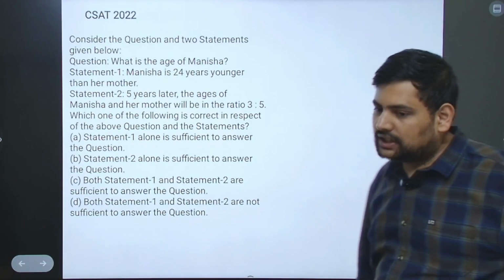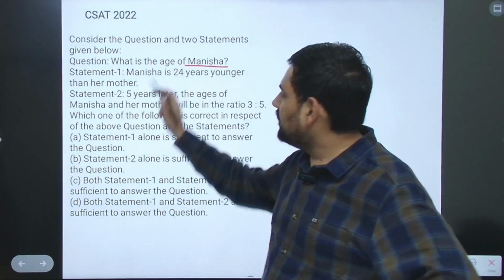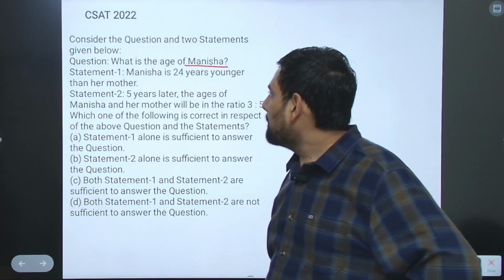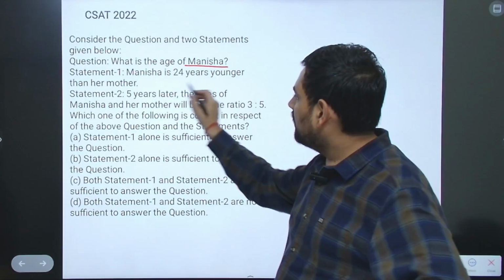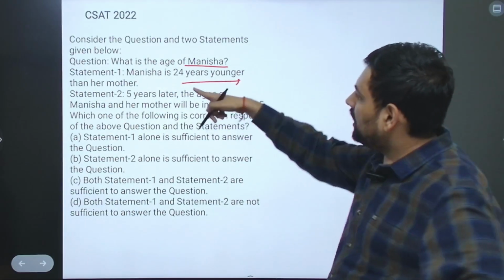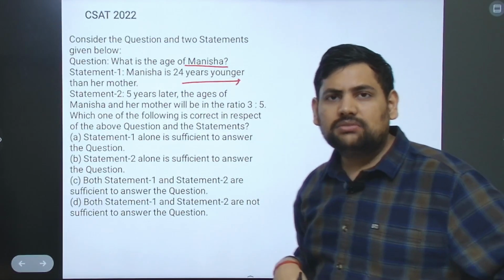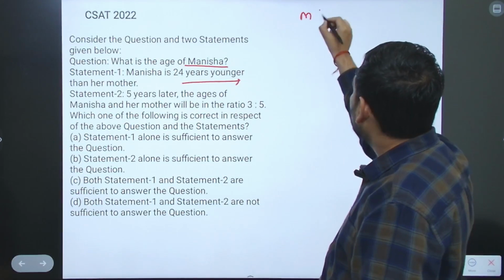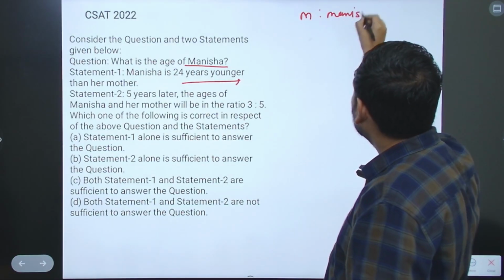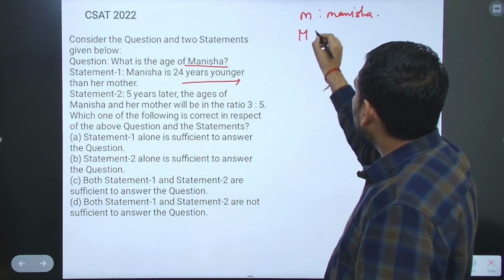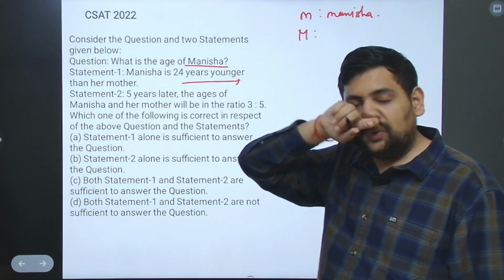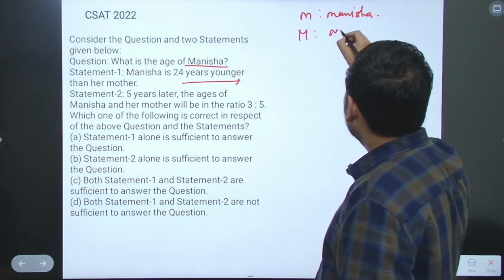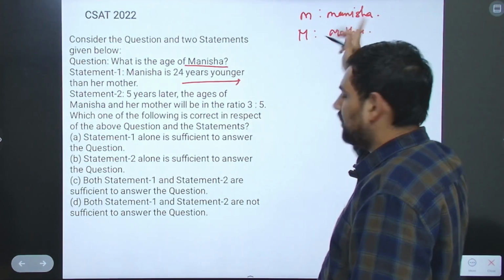Let's see this. It is asking you what is the age of Manisha. Manisha की क्या उम्र है अब. Now first statement: Manisha is 24 years younger than her mother. Because Manisha will be smaller, I'm taking Manisha's age as small m, and mother will be older than Manisha, so I'm taking her age to be big M. That's fine.